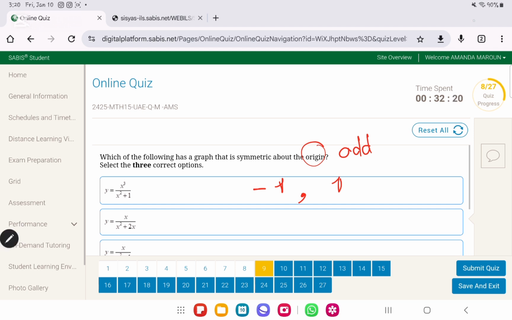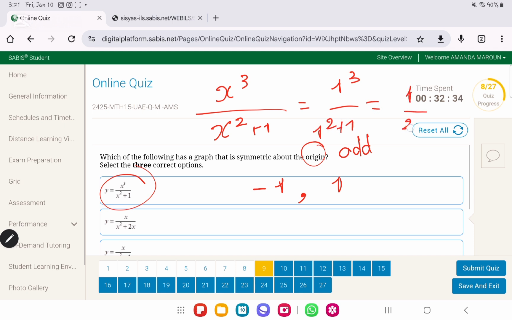Okay, so for the first one, we have x to the power of 3 divided by x to the power of 2 plus 1. If we substitute 1, we have 1 to the power of 3 divided by 1 to the power of 2 plus 1, which is 1 over 2.